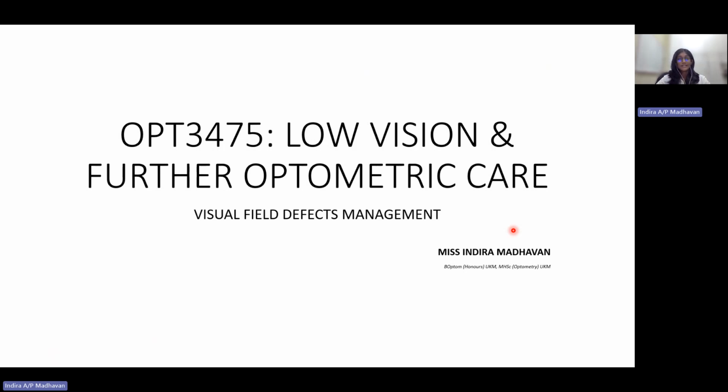Number one, if it is related to a central visual field problem, you may ask the patient whether they have any problem recognizing faces. Why do we ask that question? If the patient has a problem in the foveal or macula area, the image will be blurrier at the center compared to other parts of the visual field, and also there may be distortion at one portion in the center.